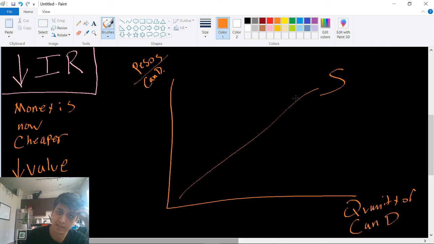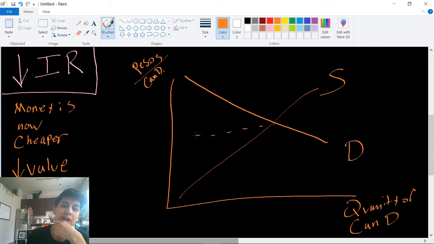This is, of course, supply and demand, and on our y-axis we have the exchange rate, E1 and Q1.